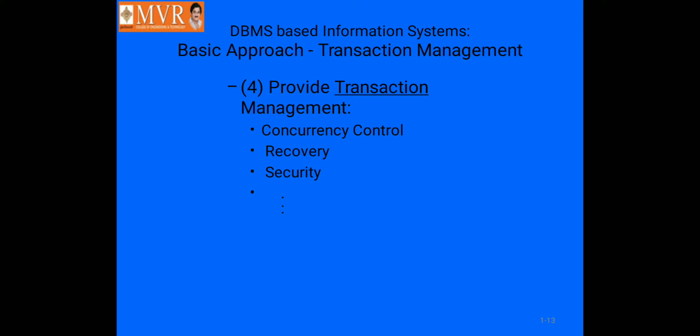Concurrency control means whenever you make an update, the system will update automatically. Recovery: if you lose something, we have to recover it. And security: the transaction should be done very clearly.